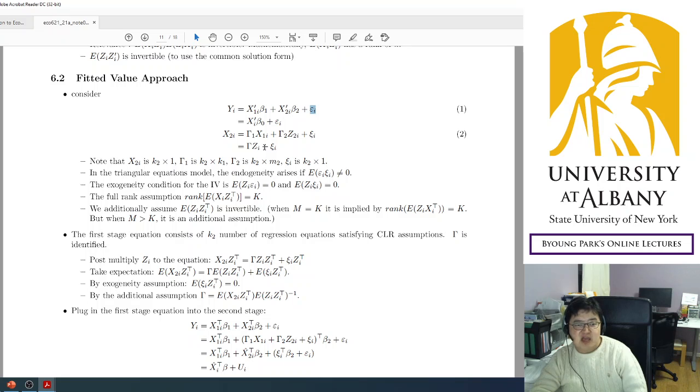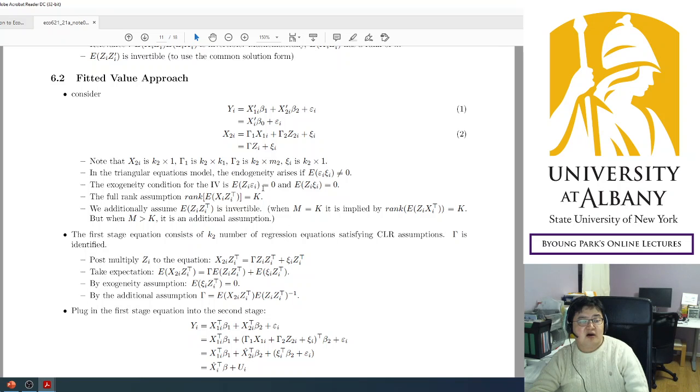These terms are uncorrelated with epsilon, but psi, the residual, can be correlated with epsilon. So the problem is coming from psi, not from these. We are going to use the variation only in the first part, the part that is uncorrelated with epsilon. That's the main idea.